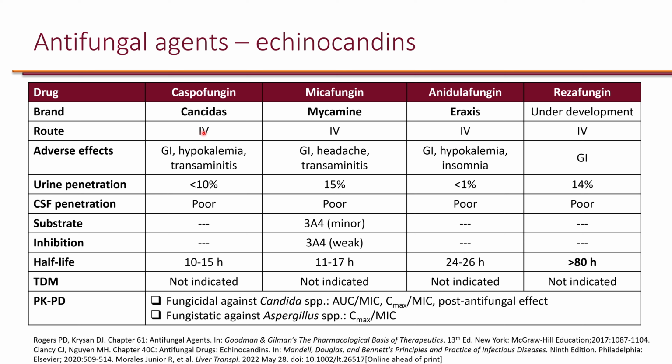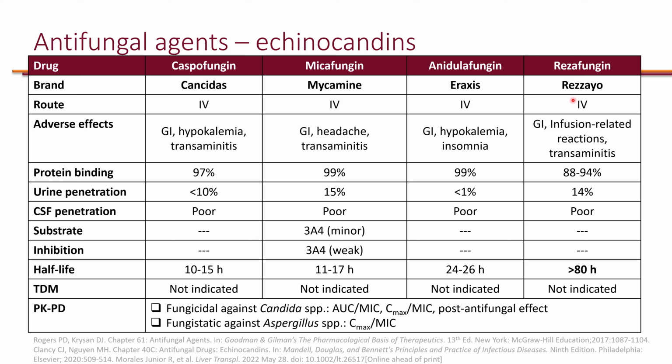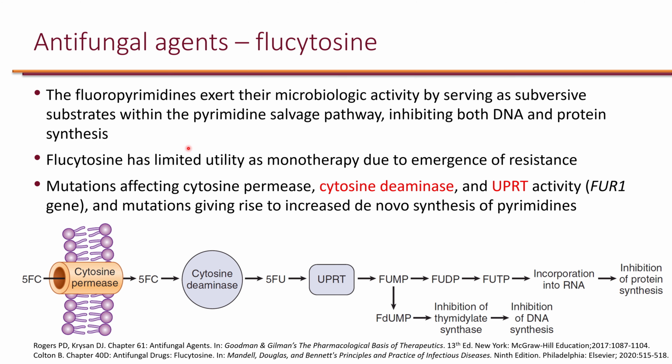And because they're all IV and there's not much variation between the patients because they're not really major substrates of CYP enzymes, therapeutic drug monitoring is not indicated. Rezafungin was approved in 2023, and because of its very long half-life, it can be dosed at weekly intervals. Now, the next class is flucytosine.